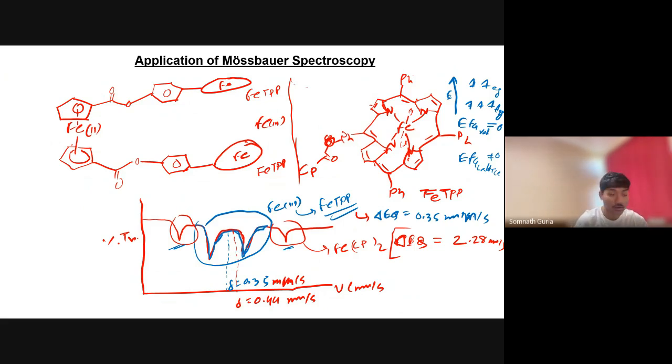We have two iron centers over here: two for iron TPP and one for the ferrocene. So the ratio will be 2 to 1. Iron TPP will be 2 and ferrocene will be 1, and that indicates in the Mossbauer lines an intensity ratio of 2 to 1. This is found in the literature. They also found it in a recent publication.